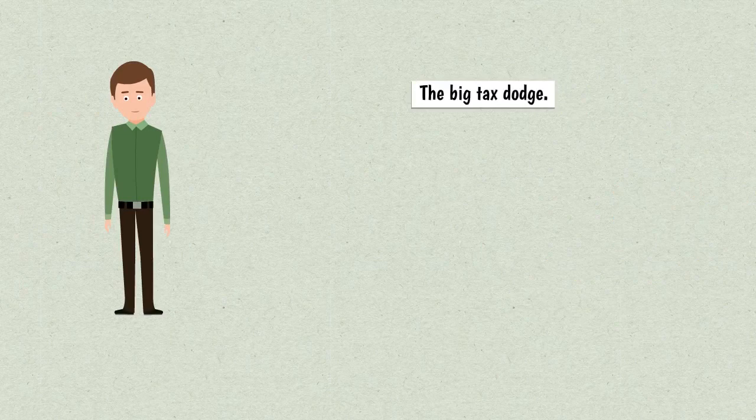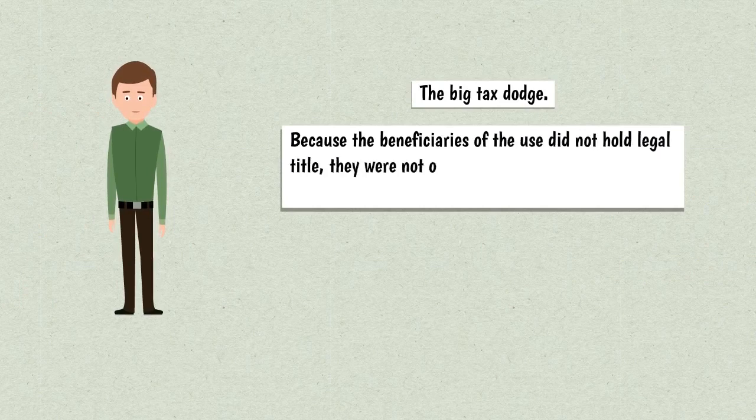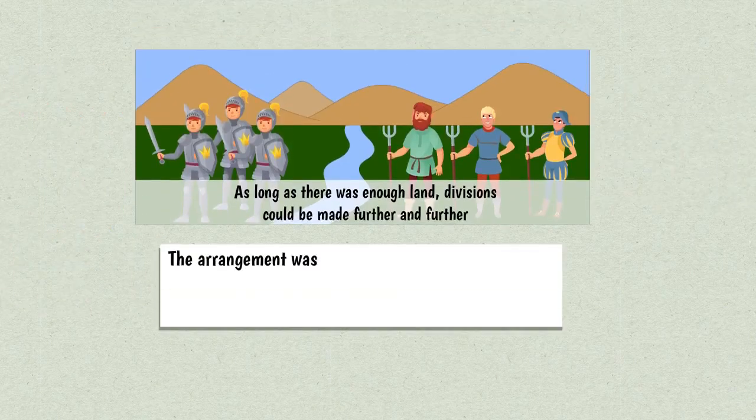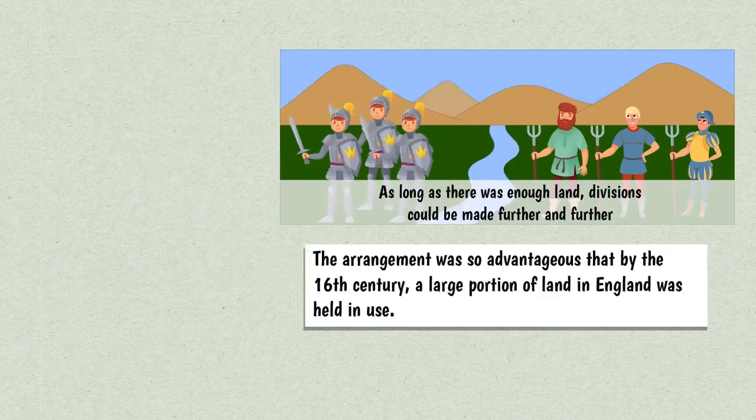In truth, this was a big tax dodge. Because the beneficiaries of the use did not hold legal title, they were not obligated to pay feudal incidents to the lord. The arrangement was so advantageous that by the 16th century, a large portion of all land in England was held in use.